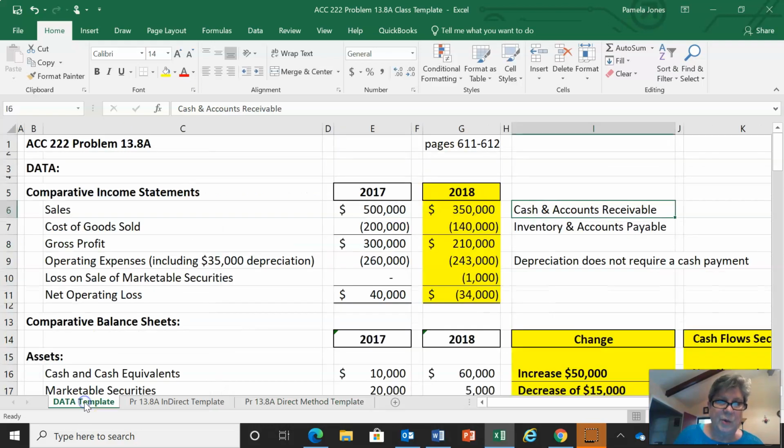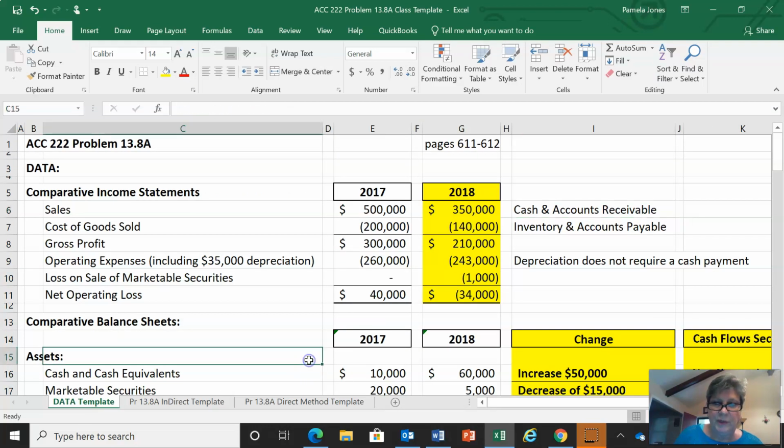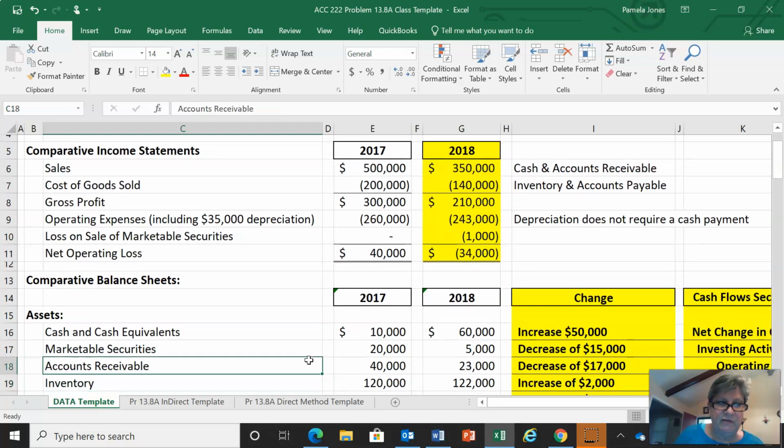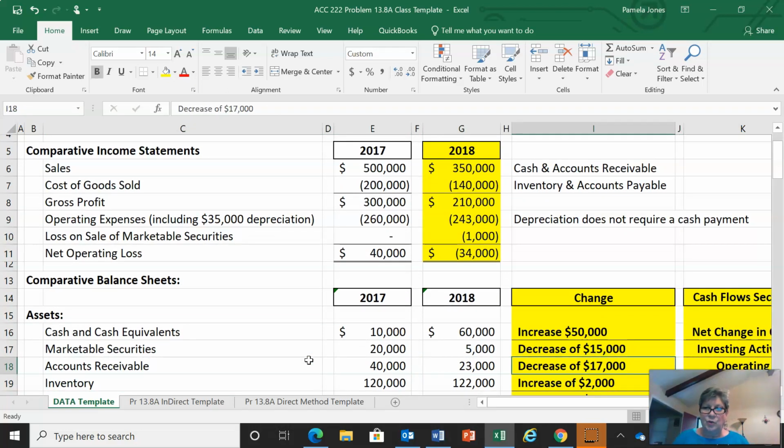And then we're going to adjust that, either increase it or decrease it for the change in accounts receivable. So let's go back to our data template and scroll down till we find accounts receivable on the balance sheet. And we see that accounts receivable decreased by $17,000. Now let's think about that. What causes accounts receivable to decrease? Customers paying us what they owe us causes accounts receivable to decrease.